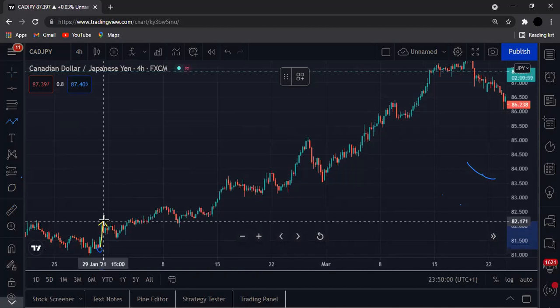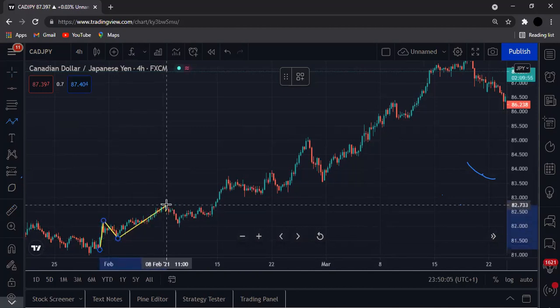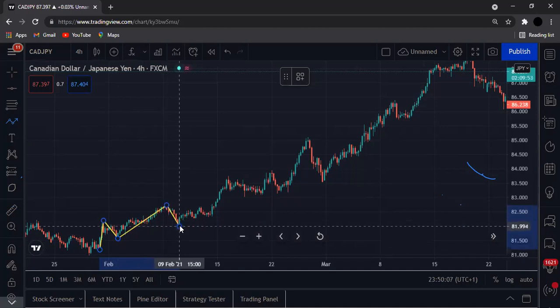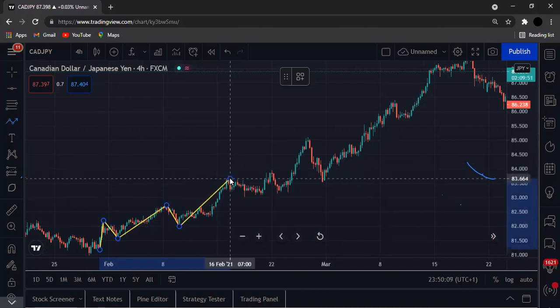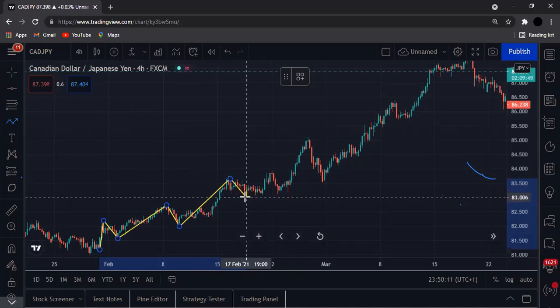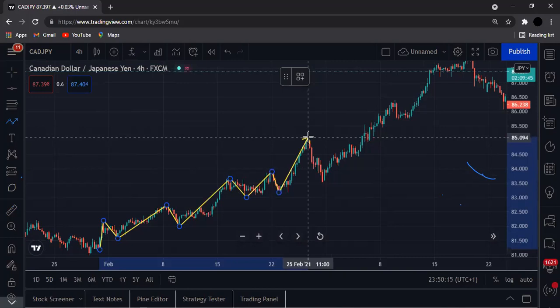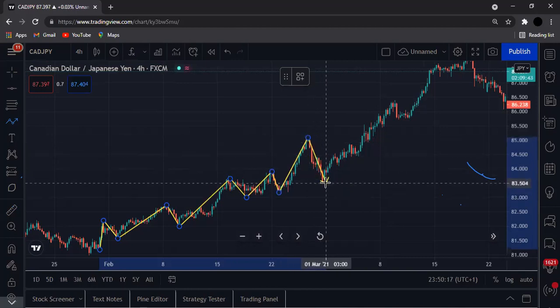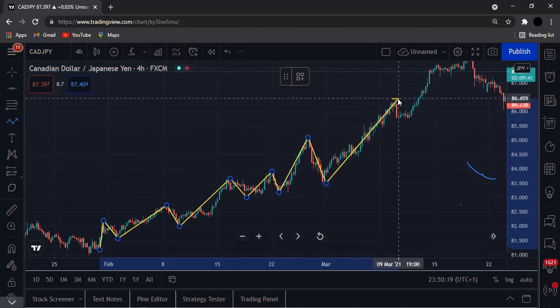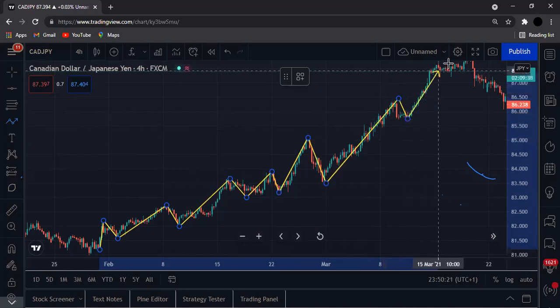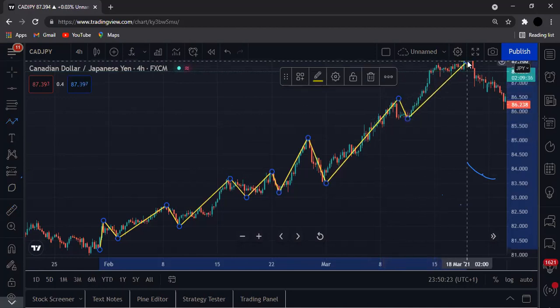So this is one high. This is a higher low, a higher high, a higher low, a higher high, a higher low, a higher high, a higher low, a higher high, a higher low, a higher high, a higher low, then a higher high.